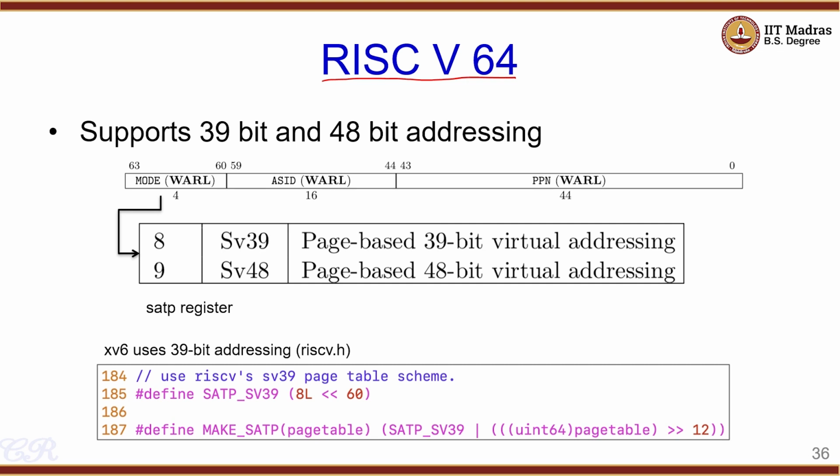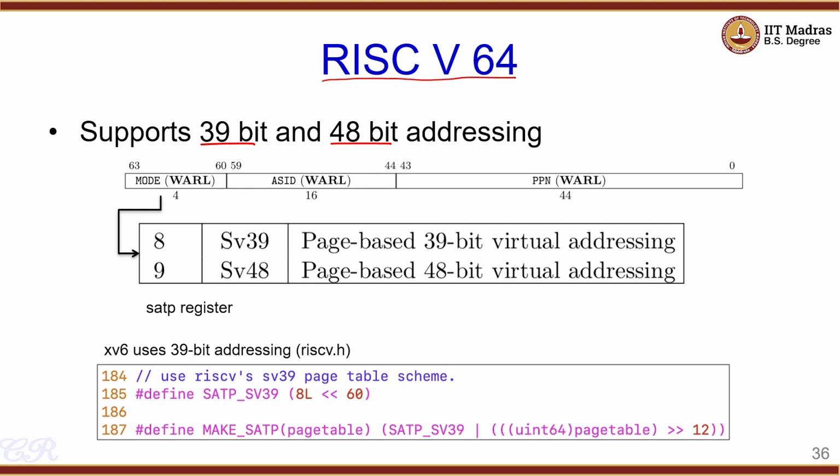And therefore, we will also look at how the memory mapping or the memory management takes place for the 64-bit platform as well in RISC-V. So, RISC-V 64-bit essentially supports 2 modes of operation. It supports a 39-bit and a 48-bit mode of addressing, right.